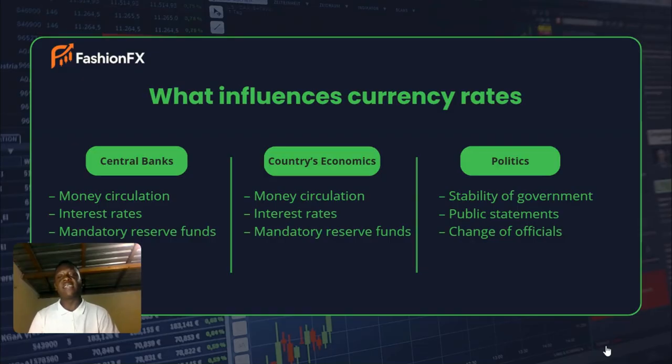Another influence is a country's economic condition, such as growth, inflation, and employment. Politics also plays an important role. Political stability, government changes, and public statements can all affect currency prices. All these factors together cause prices to rise and fall.